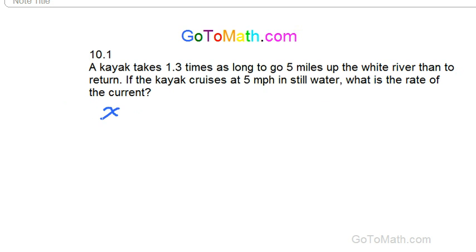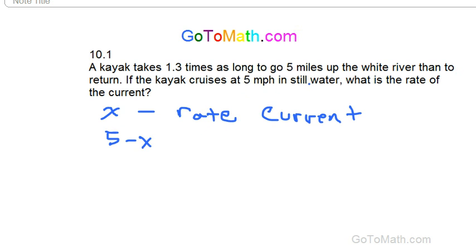We're going to let x be the rate of the current. And going upstream, the rate upstream, we're going to let this be 5 minus x. You see, because in still water, it's 5 miles per hour.